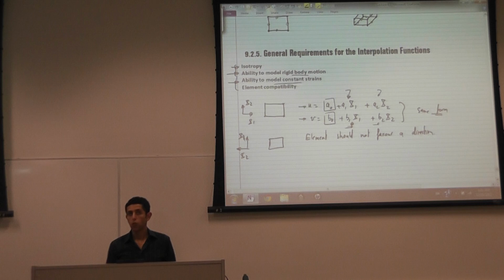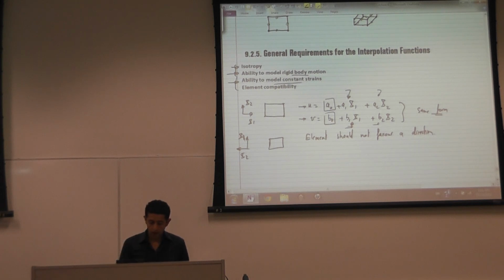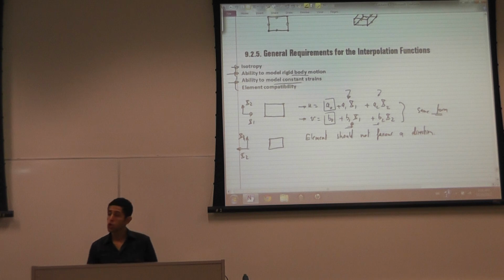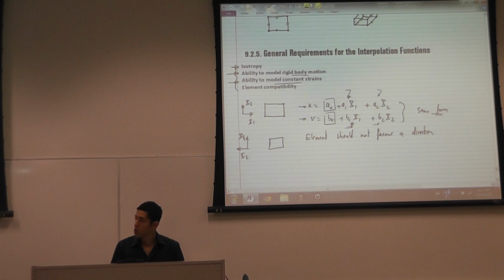The shape functions that we introduced guarantee that we're able to model rigid body motion, and that was the purpose of the question in your midterm.